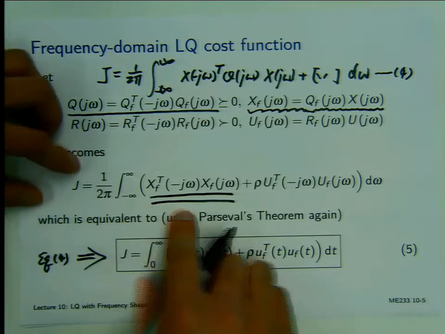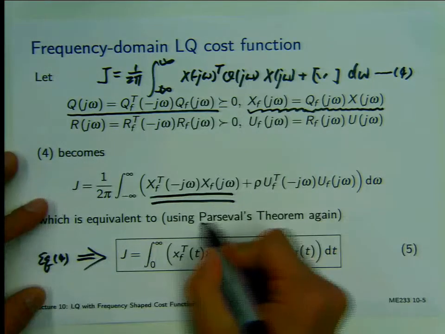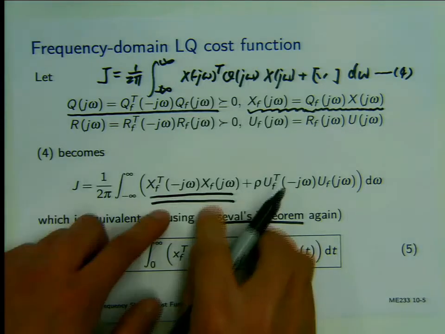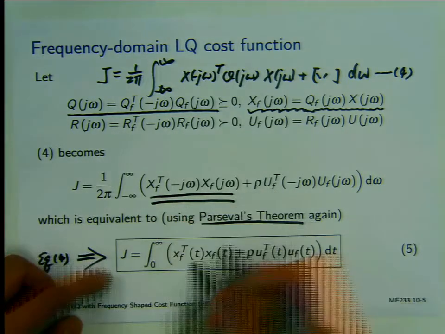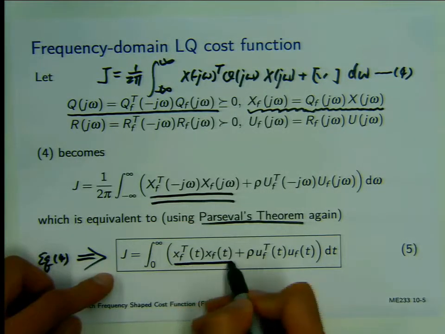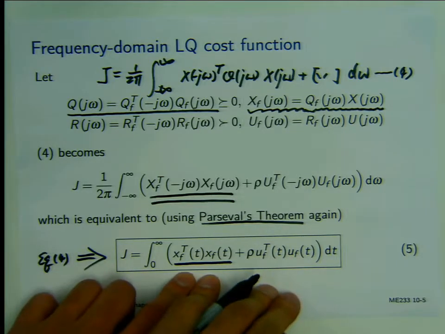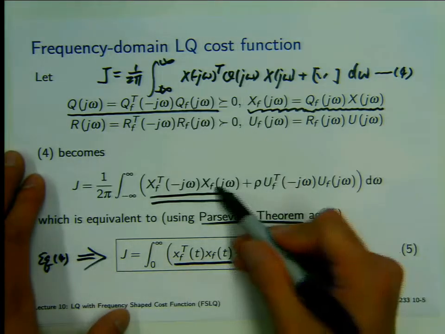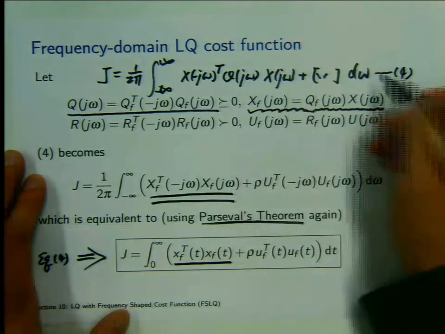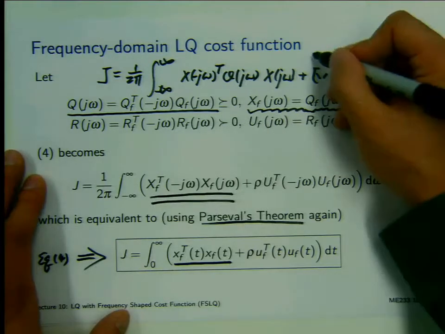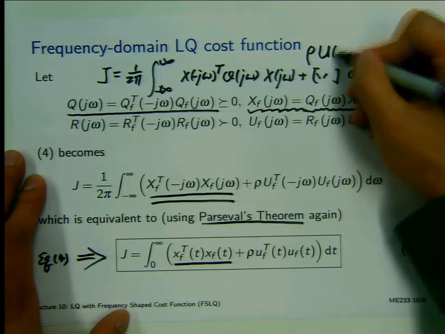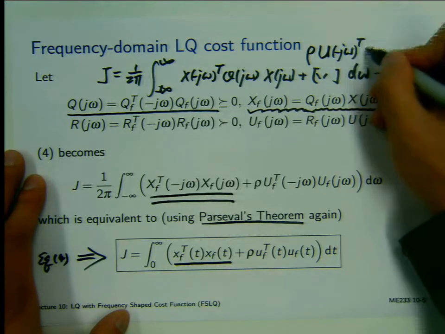And then, if you see this, do once again the Parseval's theorem. So we can translate from this frequency domain, energy type of function, again, back into the time domain, quadratic function of Xf. Okay? So that's for the case of x. Exactly the same thing can be done for the u. Now I will write it, the complete equation for u.